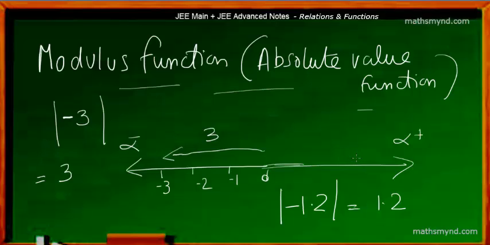So for 3, naturally it would be 3. You can see that when you introduce the absolute value, the result would always be positive, in the sense that you won't be getting a negative sign. And that's the key aspect of the modulus function.